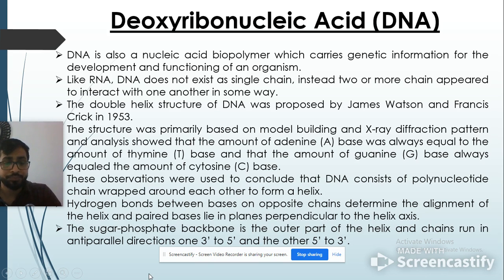The sugar phosphate backbone is the outer part of the helix, and the chains run in anti-parallel directions. That is, if one chain goes from 3' to 5', the other chain will come from 5' to 3'. They are in an anti-parallel manner with each other.